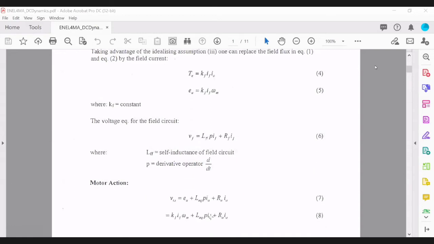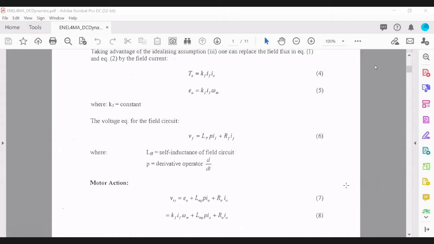Now, when we have the motor or the machine operating in motor mode, then obviously you have basically the source, so that's E naught, and then you'll have your resistor in series with the source, and then you'll have your terminal voltage.